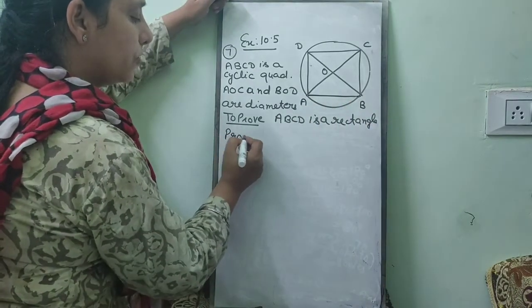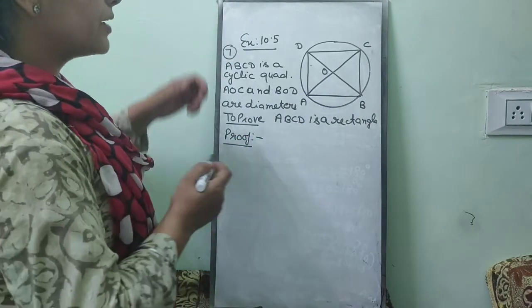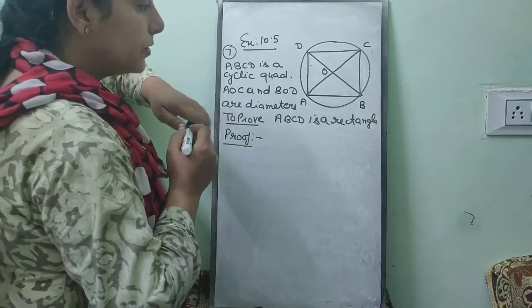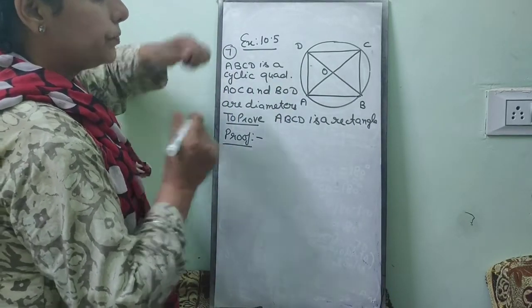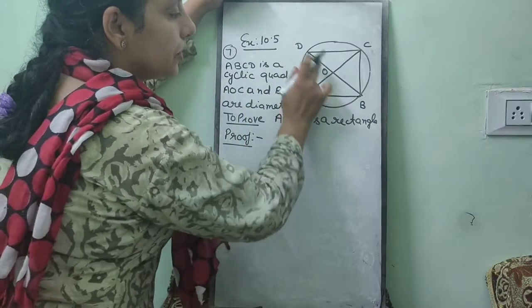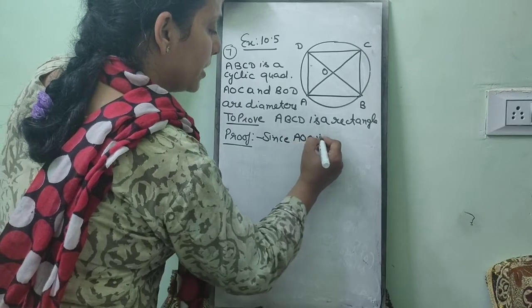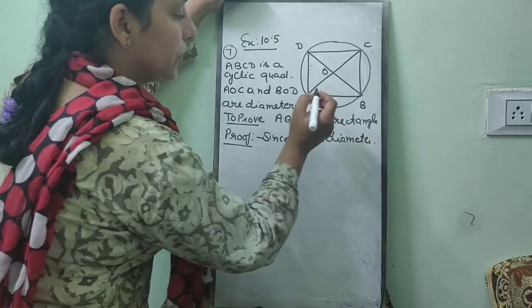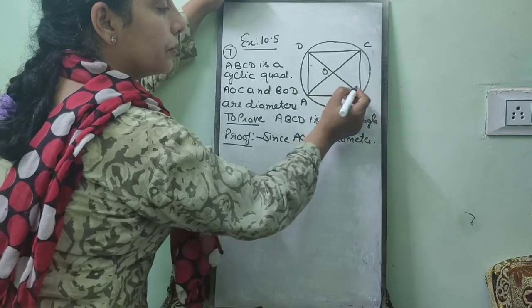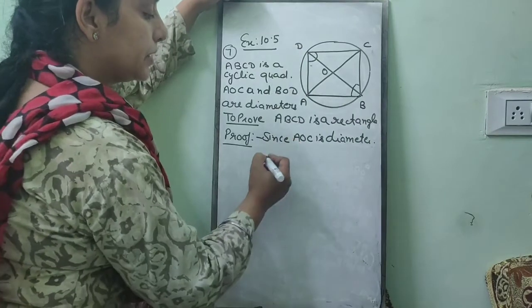Come to the proof. How can ABCD be a rectangle? If the angle at every vertex is 90 degrees, then it will be a rectangle. Clear? See, since AOC is a diameter, it means this angle B and this angle D will be 90 degrees.